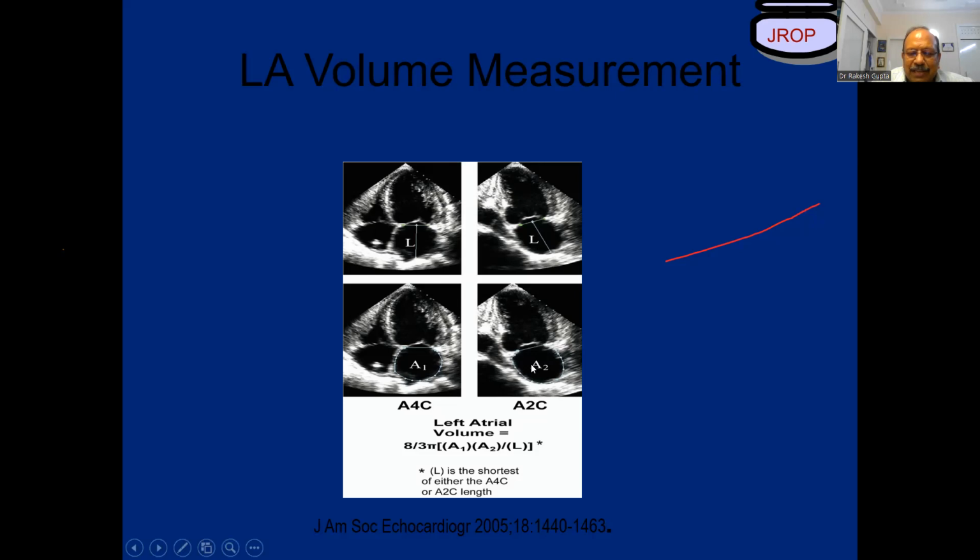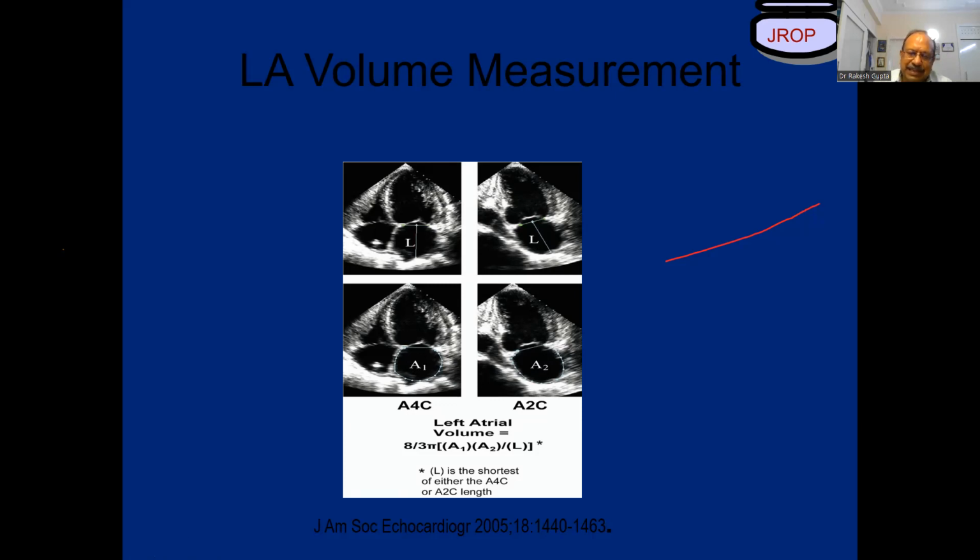So this is area 1 and area 2. Now out of area 1 and area 2, we have to look at which is the shorter length. And with the shorter length, LA volume will come up automatically. And that LA volume is not an indexed LA volume. That is the absolute LA volume.